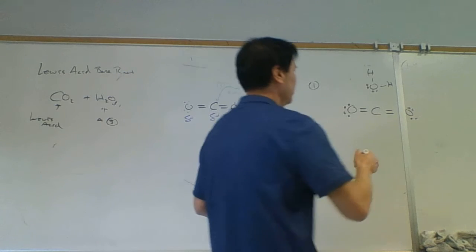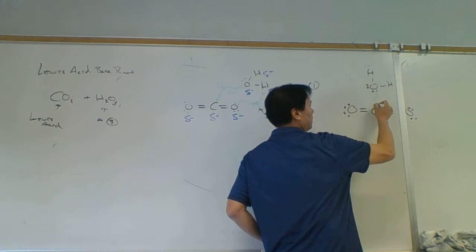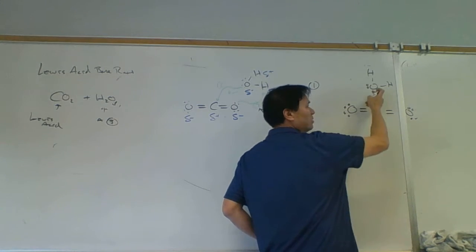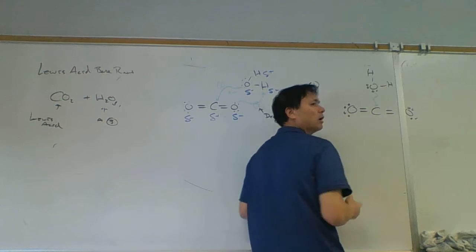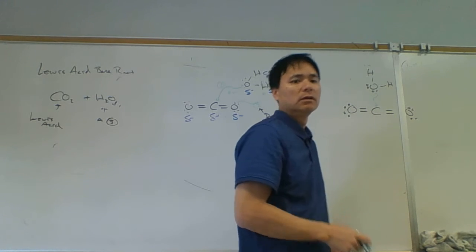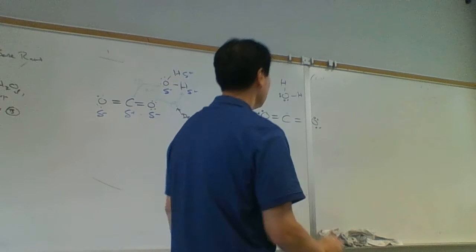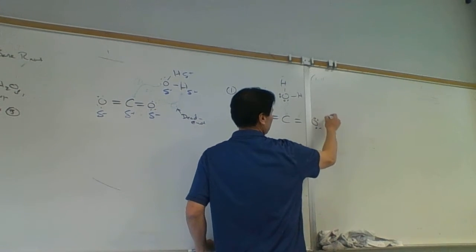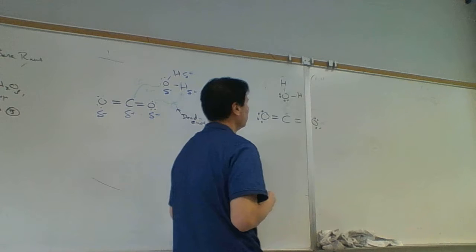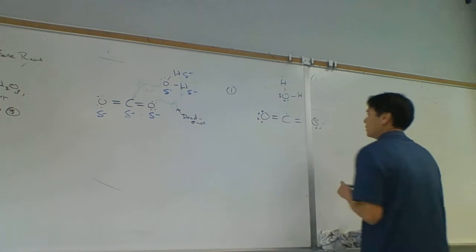And this lone pair here is going to be converted into a bonding pair now. So this lone pair comes in here, bond. But can carbon have 5 bonds? No, so what we have to do is kick out one of these. Let's kick out one of these here, like this. So what we end up with is a structure that looks like this.